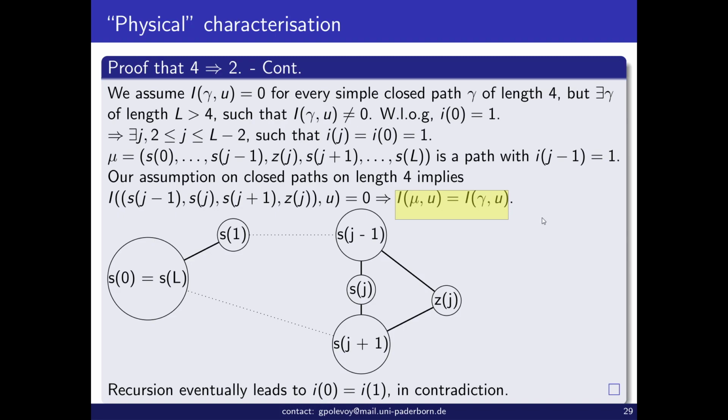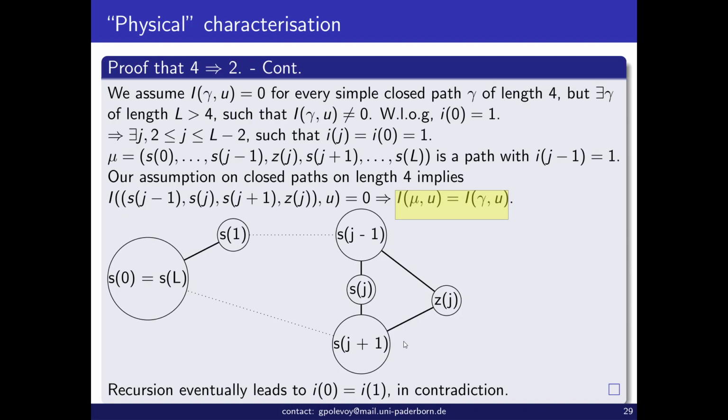Okay, so we have arrived at a path mu which fulfills the requirements of gamma, but here j, the place, the other place besides the zeroth place, where I is the place of change, is now j minus 1.